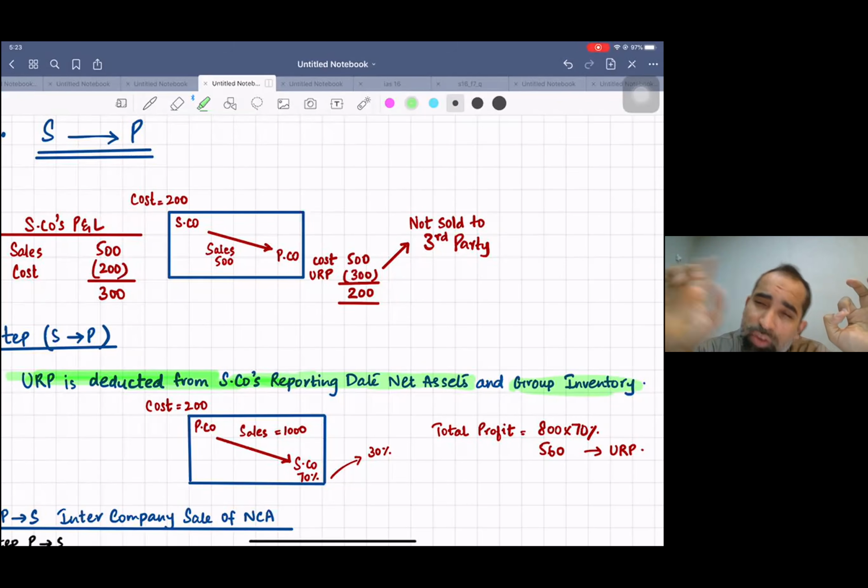And if it is an S2P sale, then URP will be deducted from S company's reporting date net assets and group inventory. I hope you remember these rules. These are very basic things, or even you don't need to remember it, just think it. You can do it with concept as well.